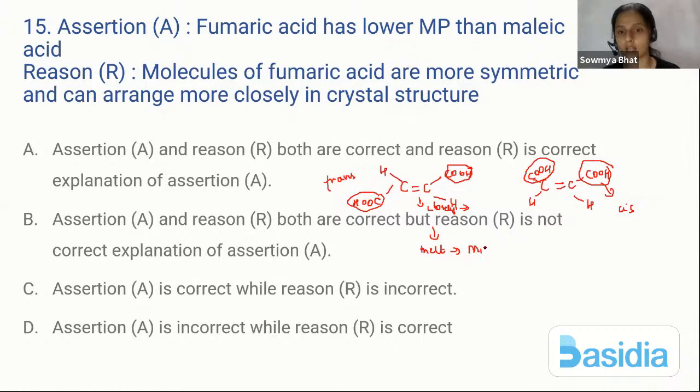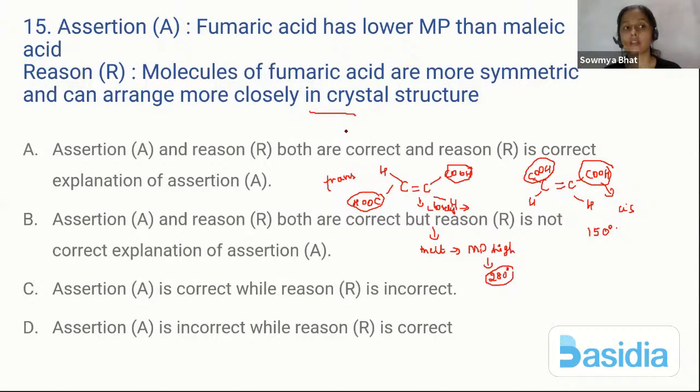That means the melting point is high. So usually the organic compounds will have the melting point in the range around 150. So this has around 135 degrees Celsius, and this has around 280 degrees Celsius. So the melting point is very high because the particles, because of its structure, are tightly packed and they can arrange more closely in the crystal structure.